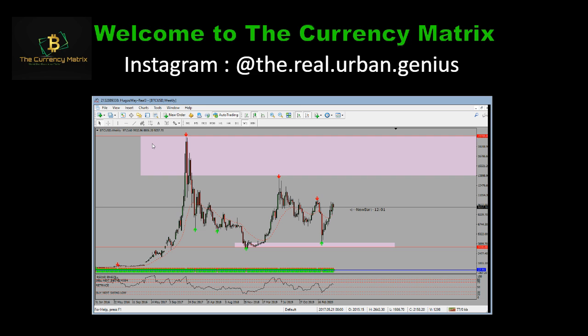Now, notice how here those zones are looking a little different than they did on the monthly. So here on the weekly, we're going to do the same thing. Same zone up here on the high side, wick to body.